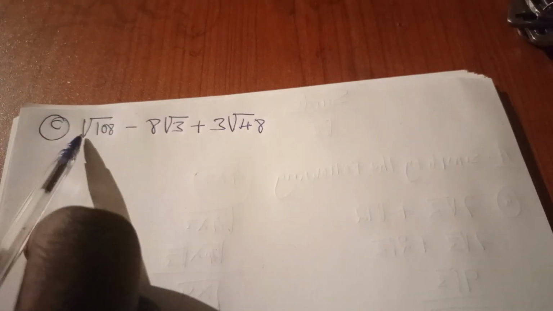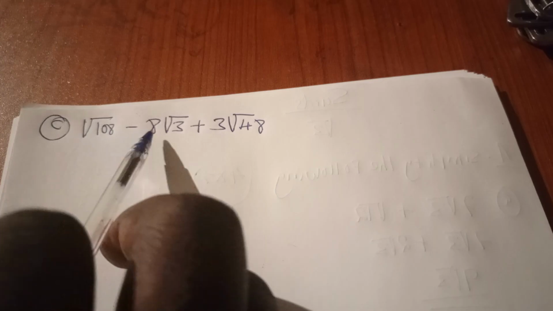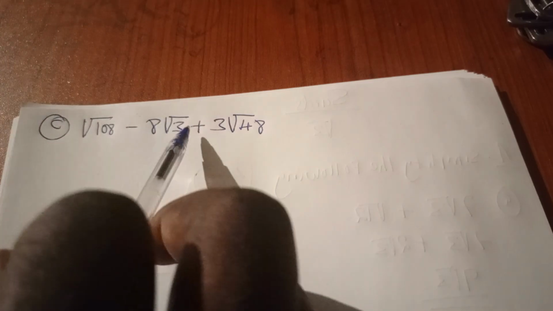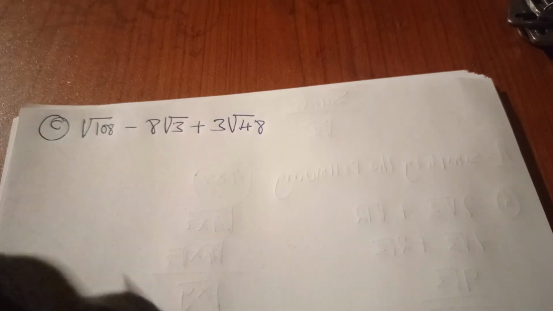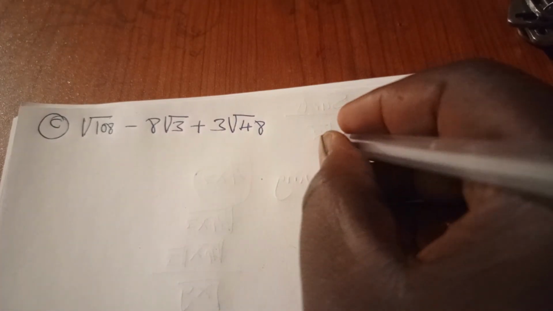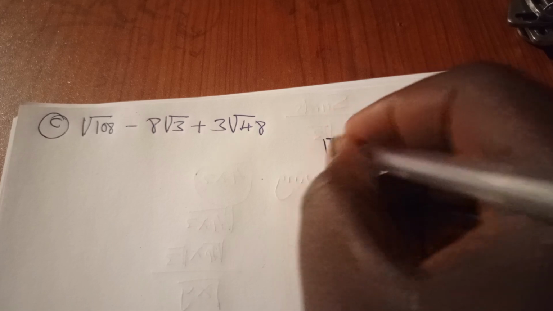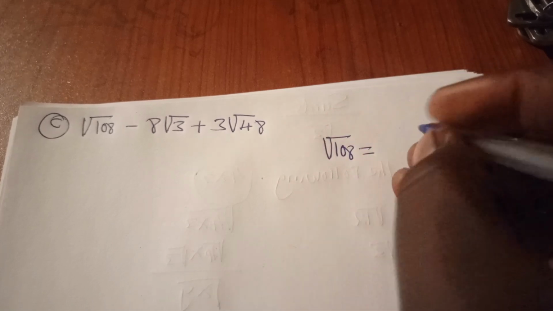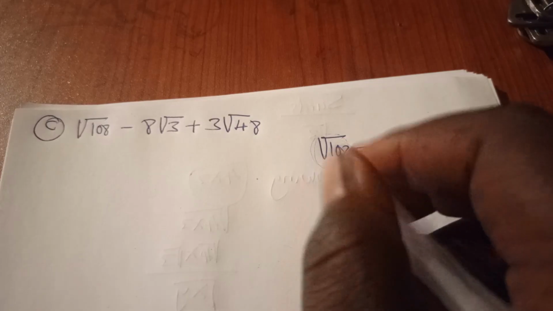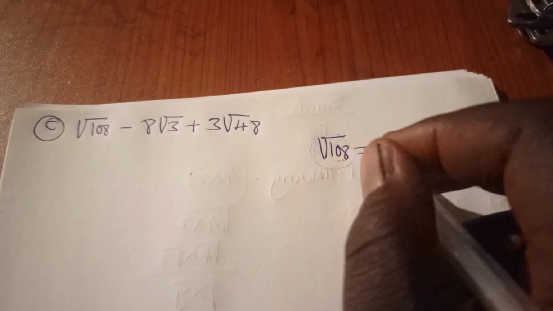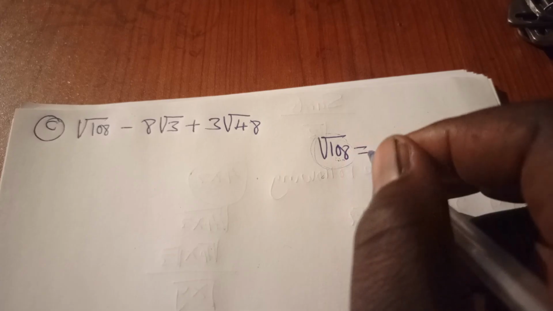Question C is the root of 108 minus 8 root of 3 plus 3 root of 48. I will need to split this part here. I'll start with the root of 108. Which two numbers can I multiply to give me 108?